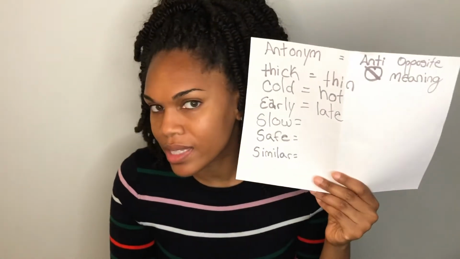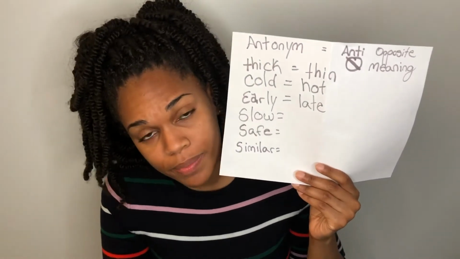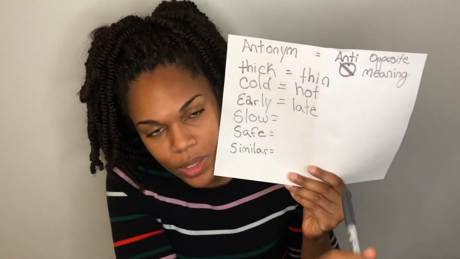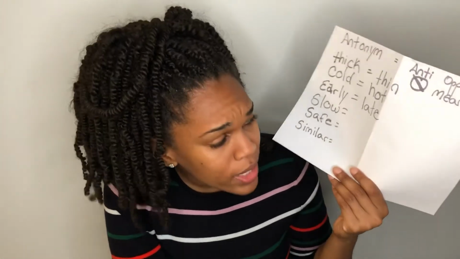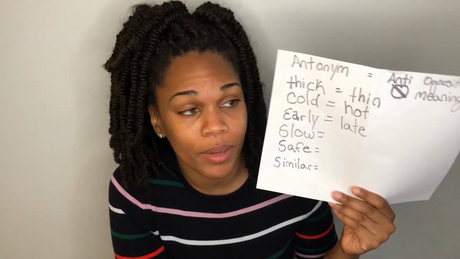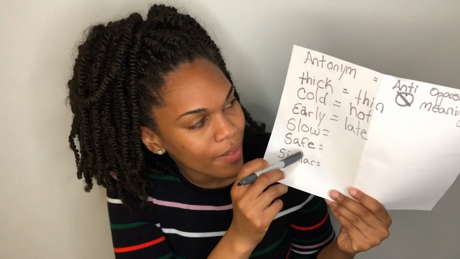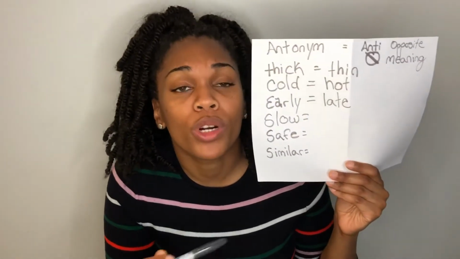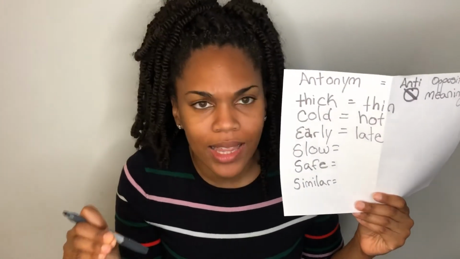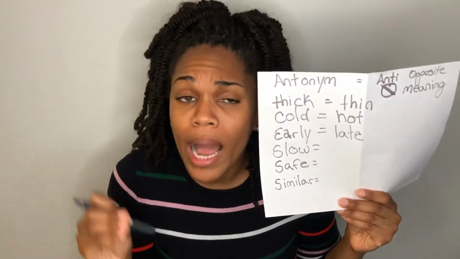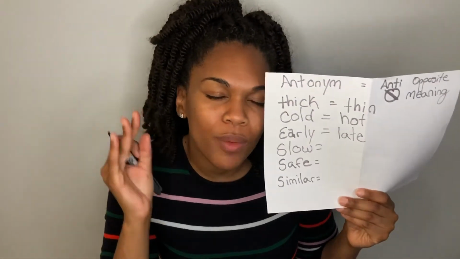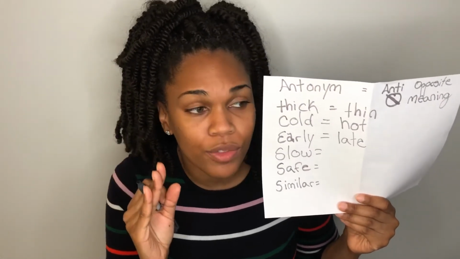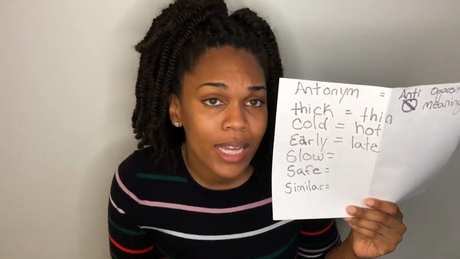I don't know how I did all these S words at the end. But here are the last three words. So you're going to think in your head, what are some antonyms for the words slow, safe, and similar? And remember, we're talking about the opposite, anti, not the same meaning. So I'm going to give a short dance break, and you're going to think about three words that are the opposite of slow, safe, and similar.